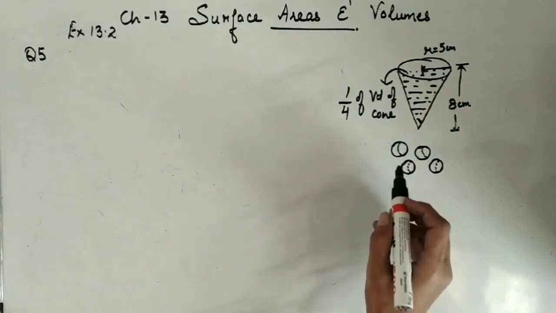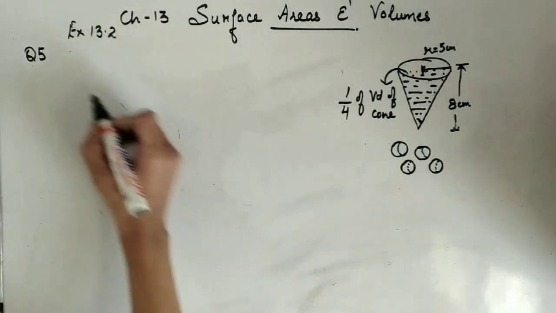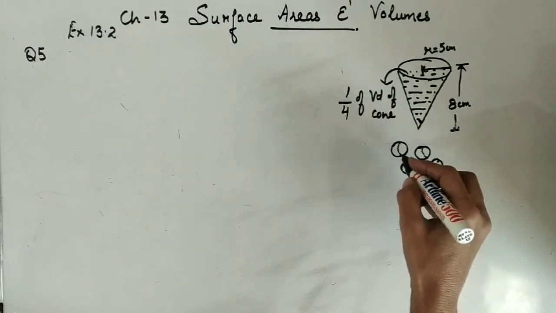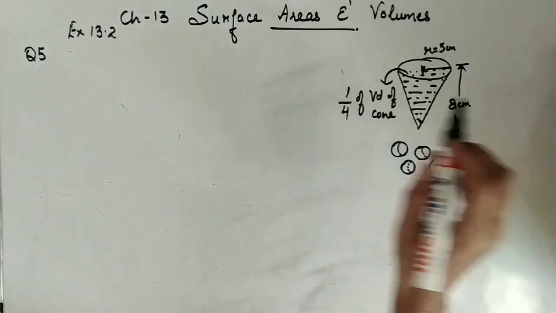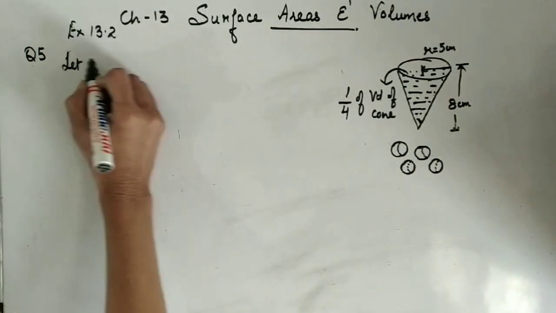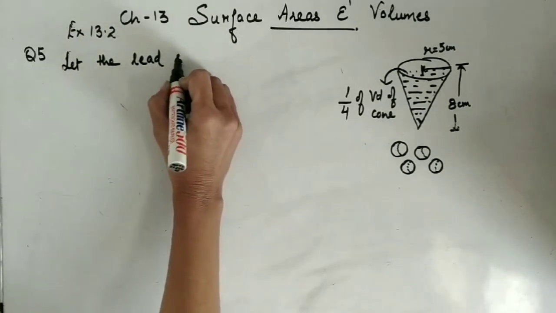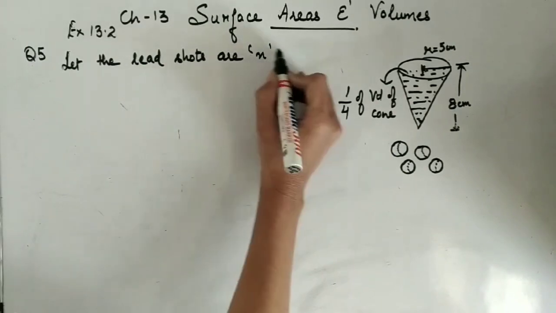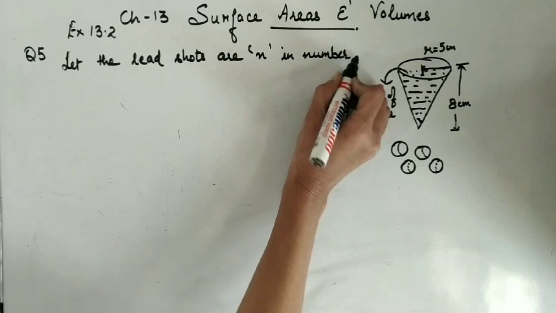So let us see how many such lead shots are put inside the vessel. For that, we need the volume of one lead shot, which we multiply by the n number of lead shots. We don't know how many shots are thrown, so we assume them as n.